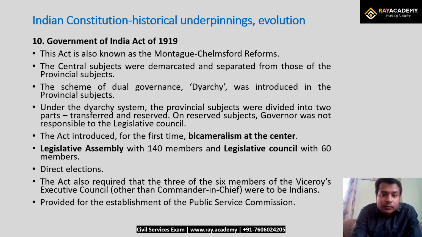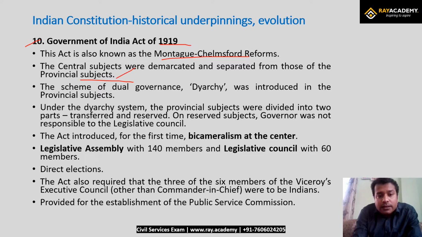Coming next, the Government of India Act of 1919, which is popularly known as the Montagu-Chelmsford reforms. The central subjects were demarcated and separated from those of provincial subjects. Today, we simply call them the union list, state list as well as concurrent list, and at that time they used to be called the central list and the provincial subjects.